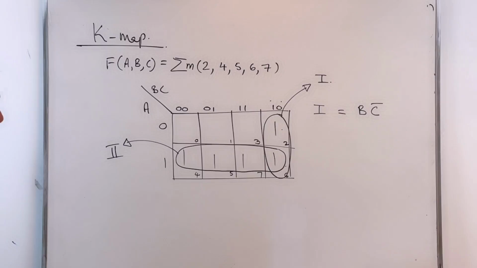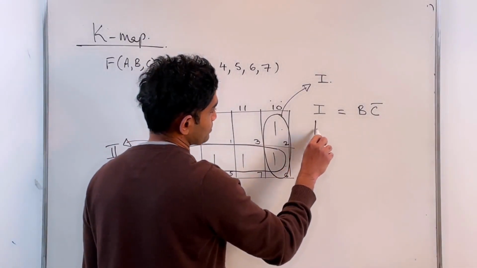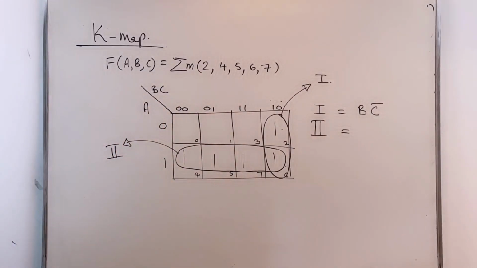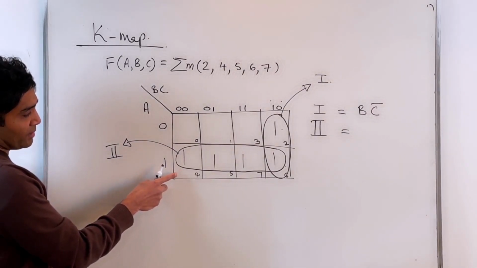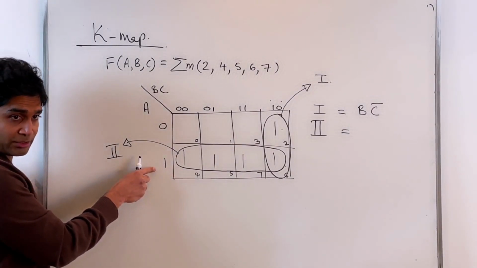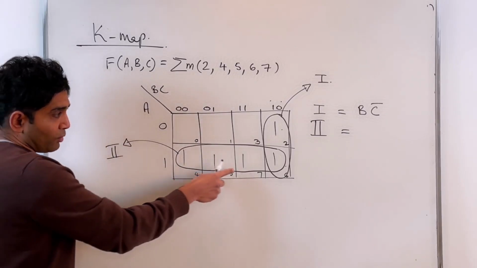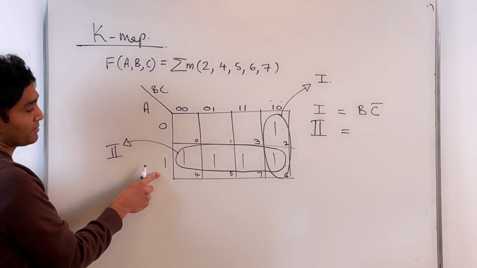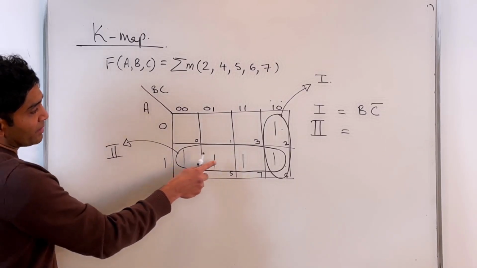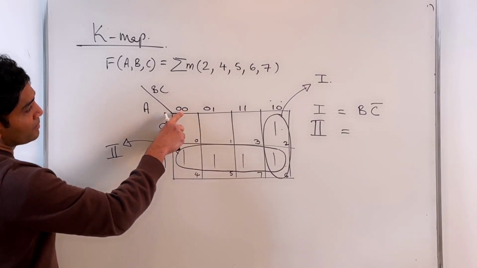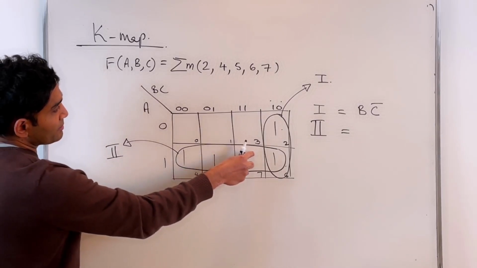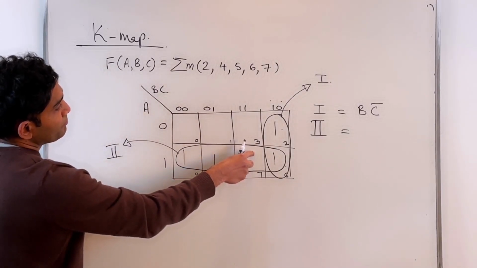Okay. What is the combination 2? Again, I eliminate all the variables that change, keep the variables that do not change. As you can see here, A doesn't change. A is 1 across all these combinations. A remains as 1. That means A. From here to here, C changes. C gets eliminated. From here to here, B changes.